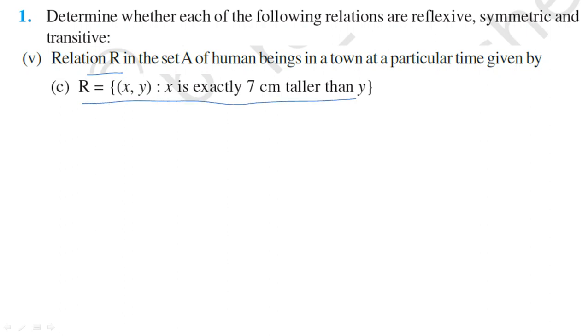X is exactly 7 centimeter taller than Y. Now, what is the meaning of this? It means in terms of mathematical statement, X minus Y is equal to 7. This one is the condition. After taking this mathematical relation, you can easily define the content. If I am writing X minus Y is equal to 7, suppose I am generating two sets.